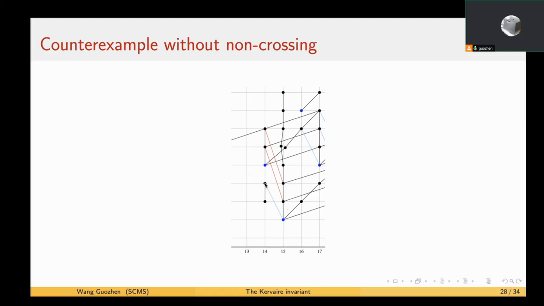There is a trivial 2 extension on that point, but we also have a non-trivial 2 extension from that blue point to this black point. By definition, this short 2 extension crosses this long trivial extension. So that trivial extension is crossed by this non-trivial extension.